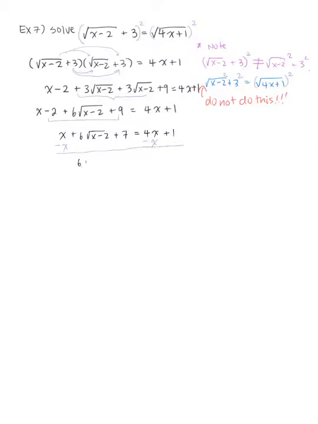Then we get 6 times the root of x minus 2 plus 7 equals 3x plus 1. Alright, minus 7, minus 7. Then we're going to have 6 square root of x minus 2 equals 3x minus 6.